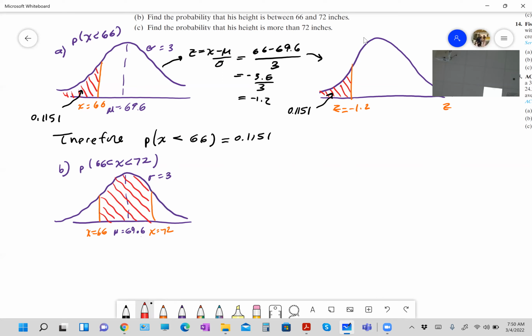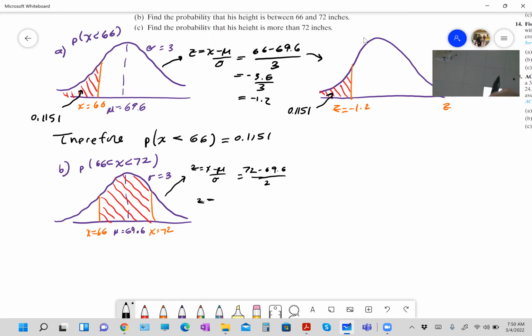So far, so good. Now, we want to find this area, but how many z-scores would I have to do in this case? So let's go ahead and do this. We have 72 minus 69.6 divided by 3. That's one z-score, right?